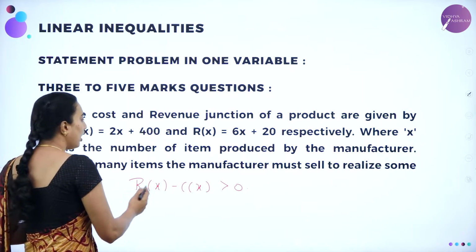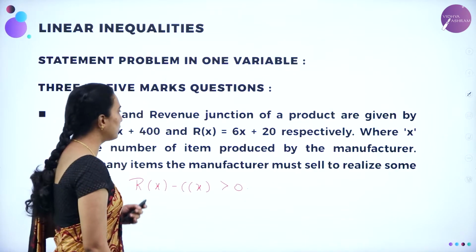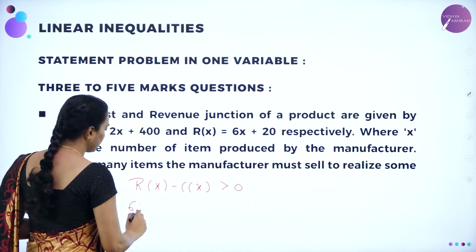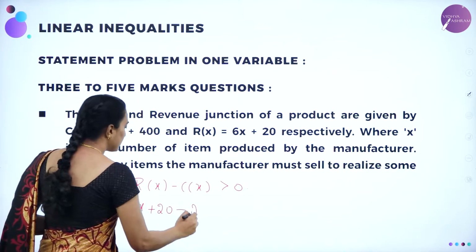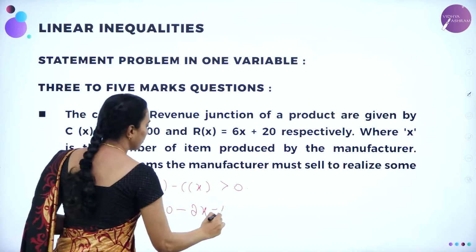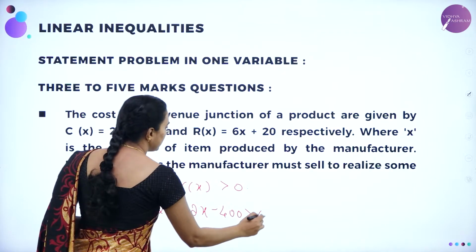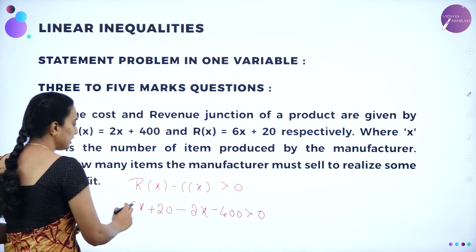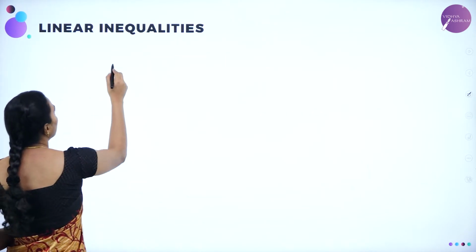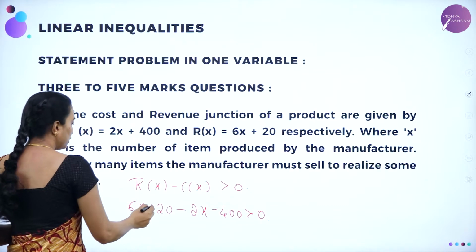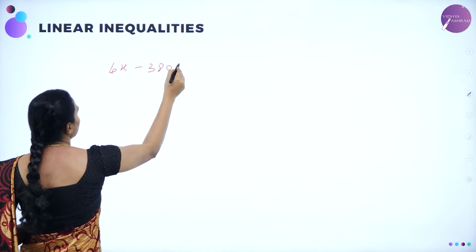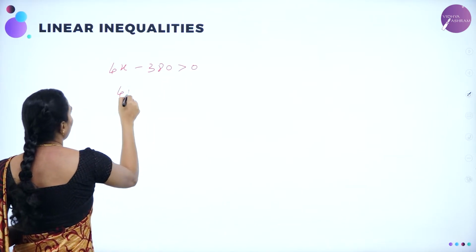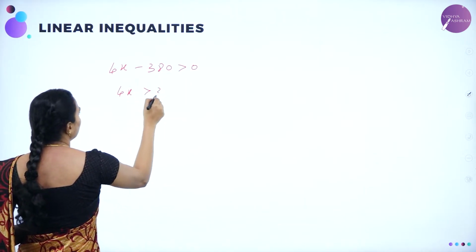Now R of x minus C of x equals 6x plus 20 minus 2x minus 400, which is greater than 0. So 6x minus 2x is 4x, and 20 minus 400 is minus 380, greater than 0, or 4x is greater than 380.